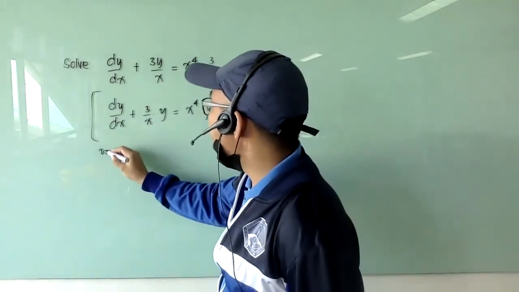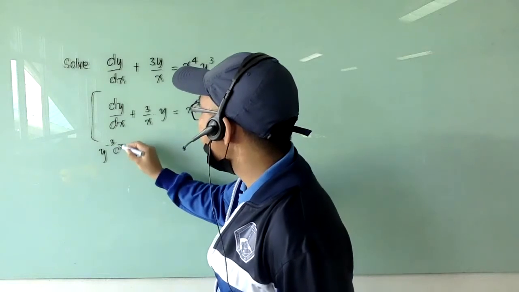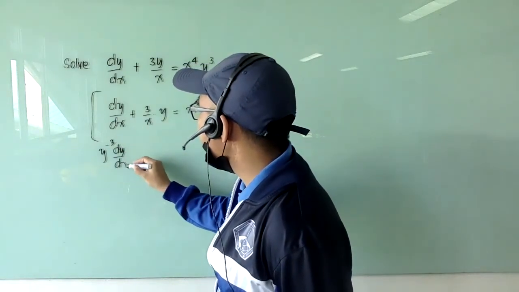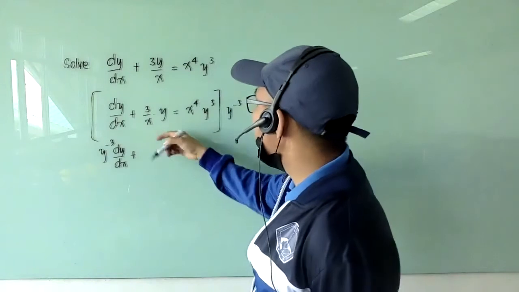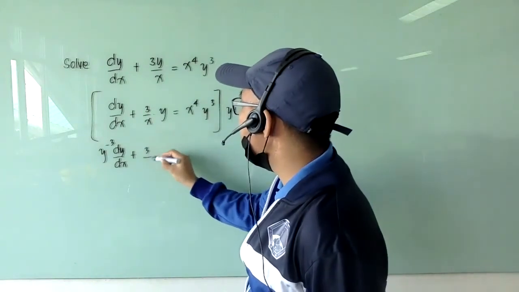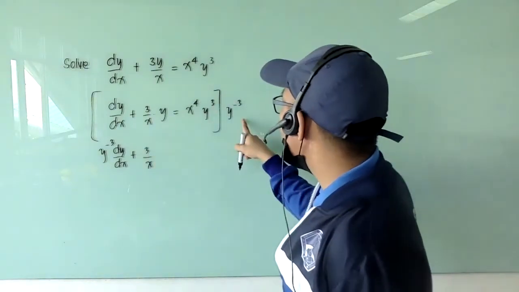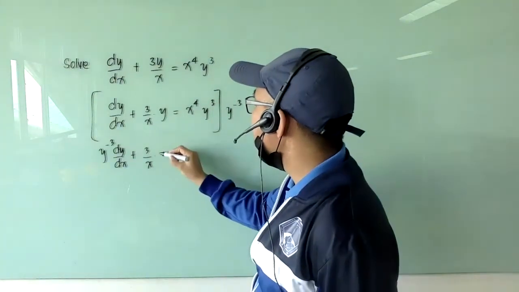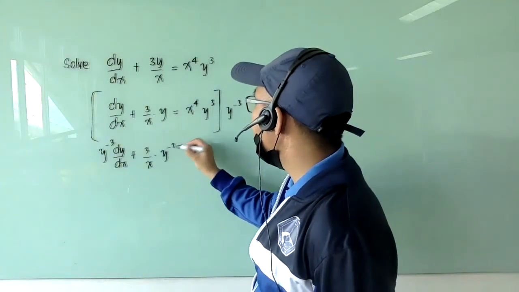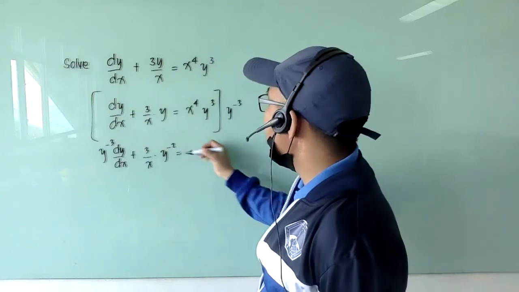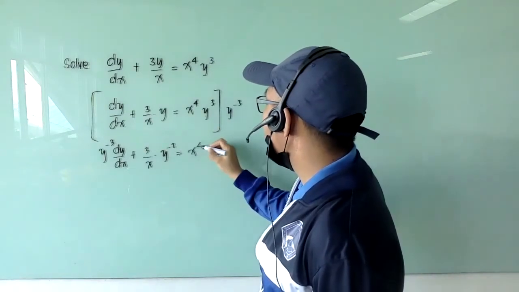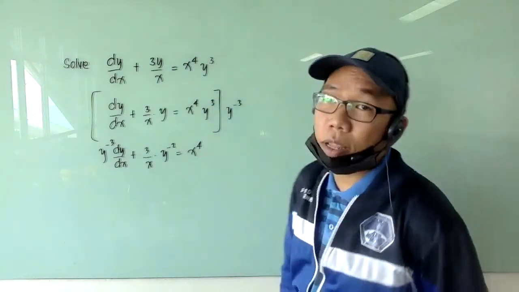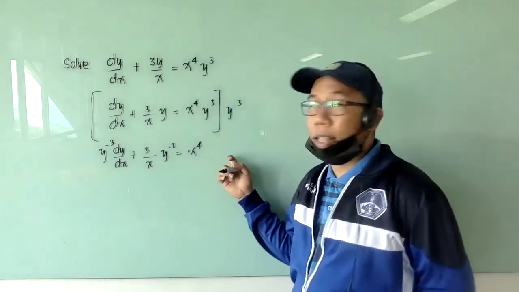Now we have y^(-3) dy/dx + 3/x times y times y^(-3), which becomes y^(-2), equals x^4. So we were able to eliminate y^3 on the right-hand side of the equation.